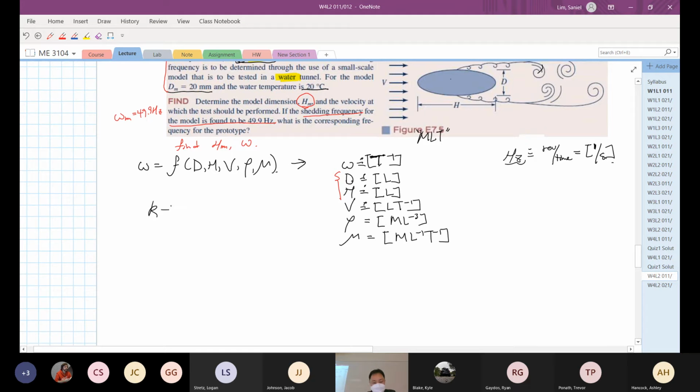We have K minus R, so we have 1, 2, 3, 4, 5, 6, and MLT, all three have been used, so 3. You will have 3 pi terms, but the first pi term is already fine, like D over H, right? By inspection. And for example, let's say we pick the repeating variables here.